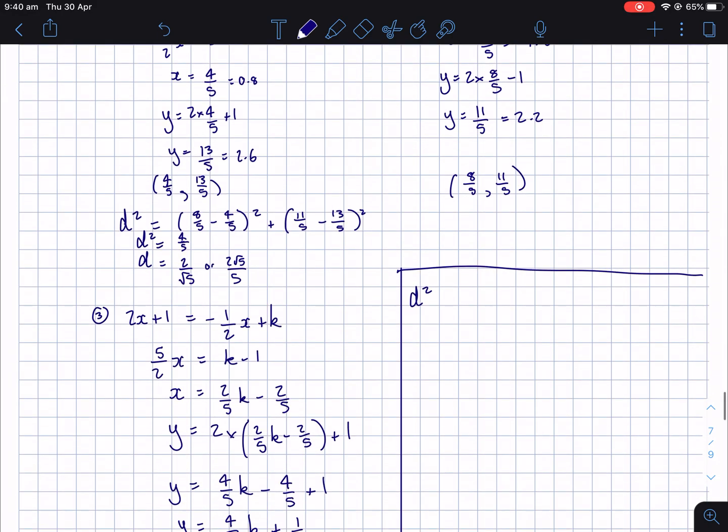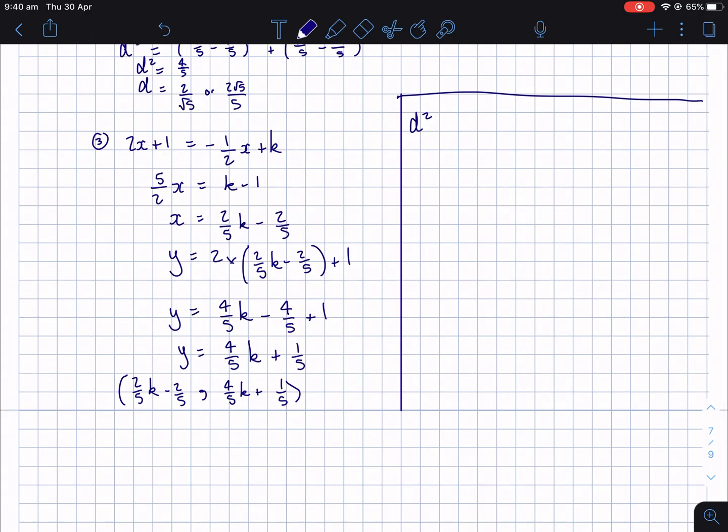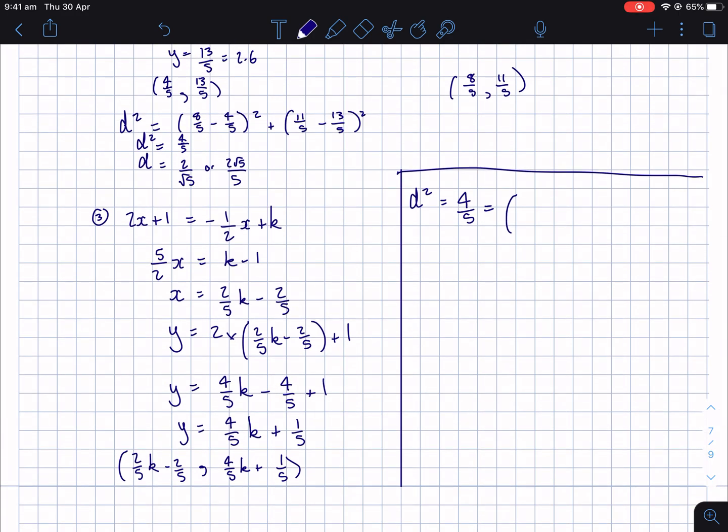Okay. So we should get 2 on 4/5. And that should be the same as, so the points we're looking at are 4/5, 13/5, and 2/5 k take 2/5, 4/5 k plus 1/5.